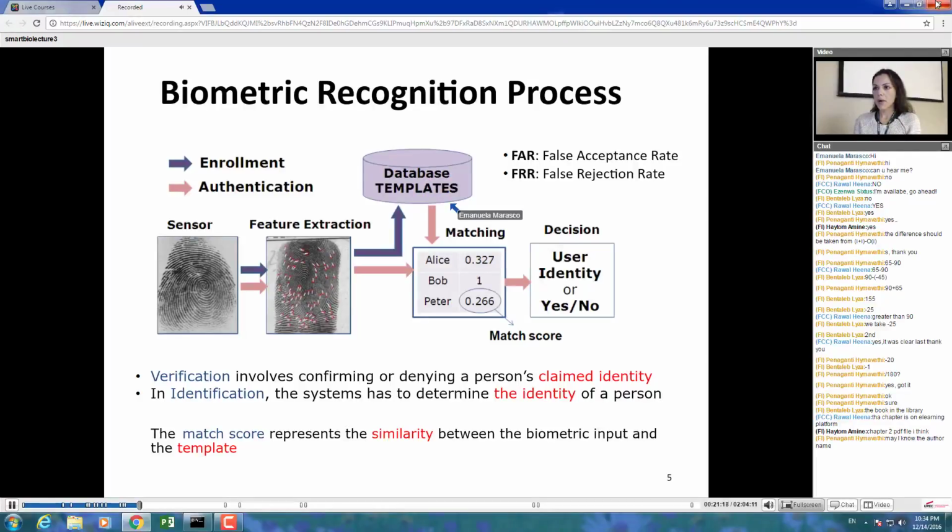One extracted from the biometrics in real time, and one retrieved as the template, right? So two sets of features, two sets of minutia. What we need to do now is to find a way to compare them and produce a similarity degree between the input and the template, which is the match score. Once we obtain the match score, we will set a threshold and based on it, the system will decide if the user has to be accepted and the identity verified or not.